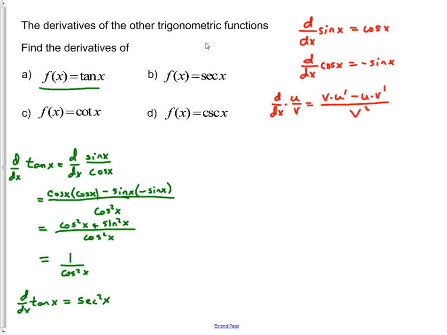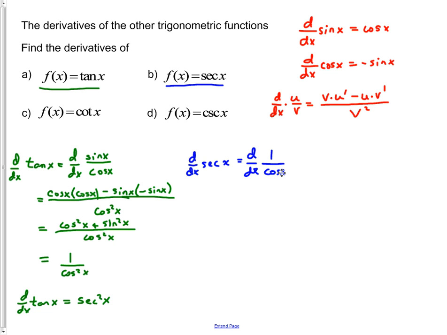Is that the way that it works? Well, let's try another right here. I'd be interested to see what's going to happen to the secant of x. So I guess we're going to try the same trick, right? Let's take the derivative with respect to x of secant of x and see what happens when we treat this as the derivative with respect to x of 1 over the cosine of x.